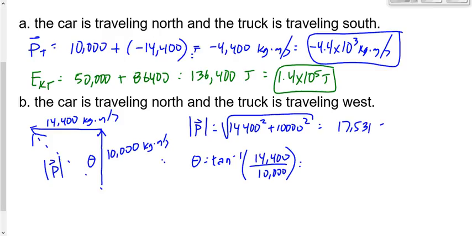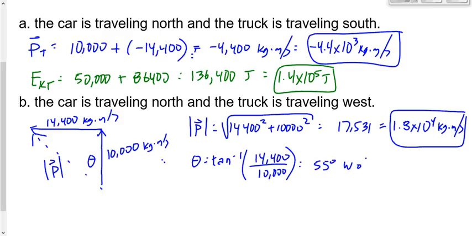We're going to round that to 1.8 times 10 to the 4 kilograms meters per second. That's the magnitude of the momentum, and the direction is, make sure you're in degree mode on your calculator when you do this, 55 degrees. That would be 55 degrees west of north.